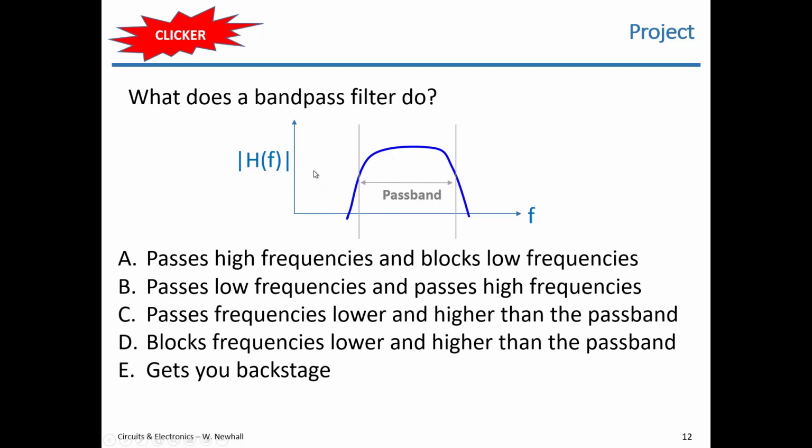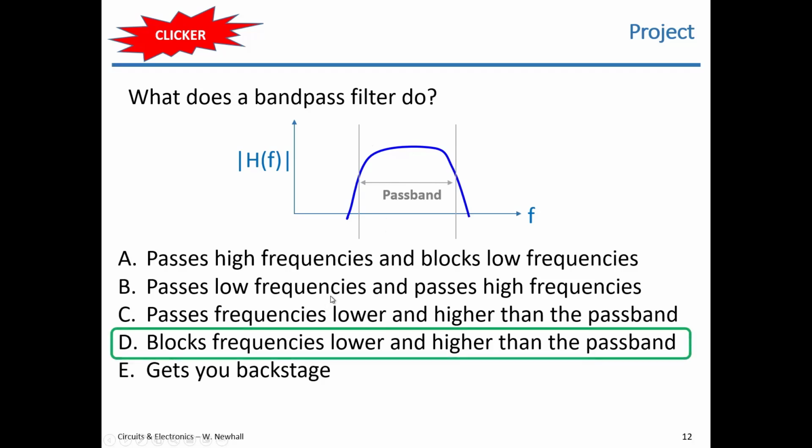A low pass filter passes low frequencies. A high pass filter passes high frequencies. A band pass filter passes frequencies in the middle, right? So there's some middle band here. A band pass filter blocks frequencies lower and higher than a pass band. All right.